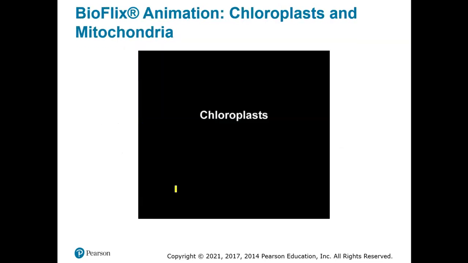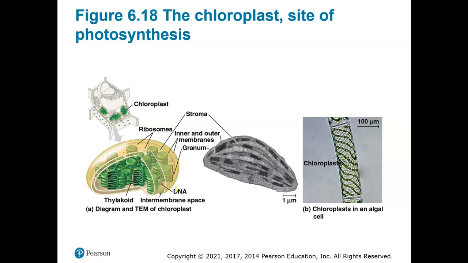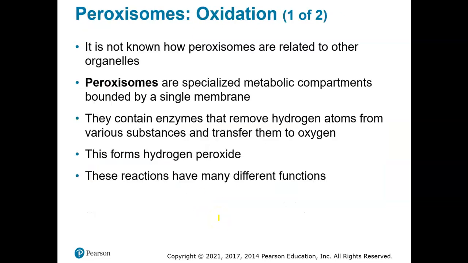And they carry out the reactions of photosynthesis. There's an animation on chloroplast also in section 6.5. And here you can see a chloroplast. The thylakoids are the green structures, the little green discs. And then the stroma is the fluid outside the thylakoids. And you can see the entire chloroplast has a double membrane, and so does mitochondria.